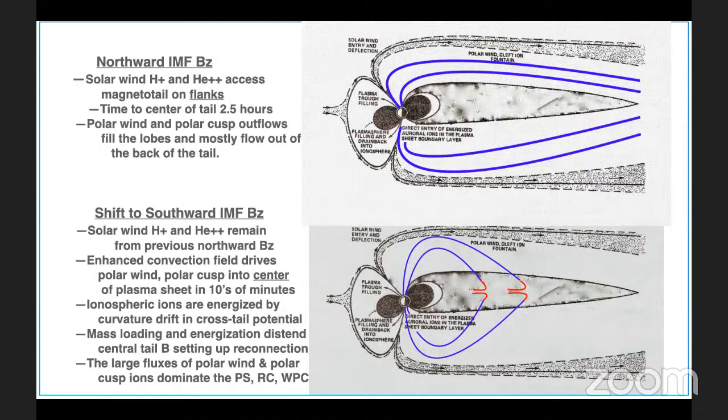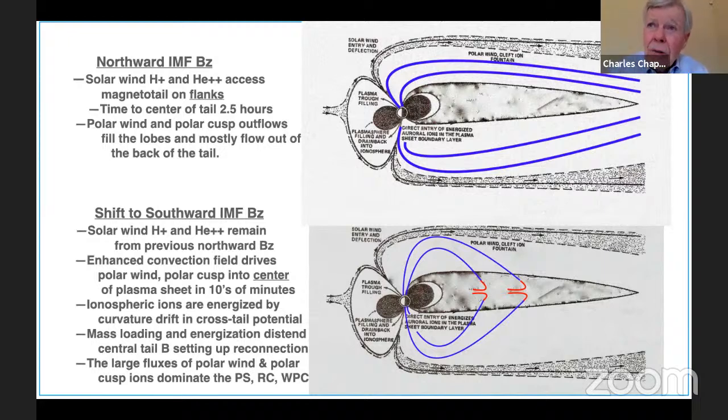Dave's final question was: what role in populating the plasma sheet do head start ionospheric ions play, perhaps in terms of timing? By head start, he means ions that get accelerated, for example, by wave particle energization below about 1,000 kilometers in altitude. So would they be auroral zone type ions?